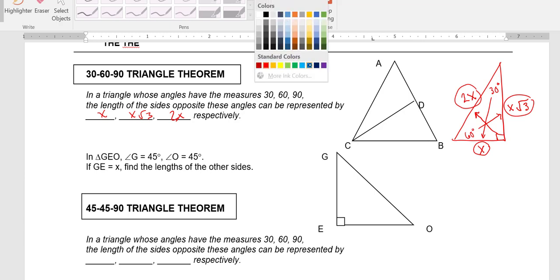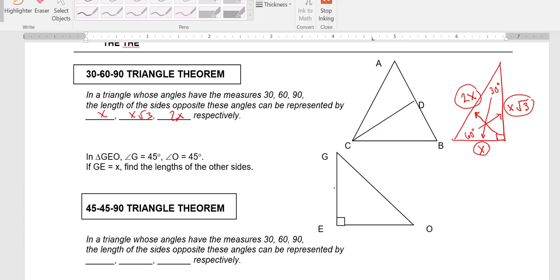For a 45, 45, 90 triangle, that means it's an isosceles right triangle. Both of these sides will be called x. Obviously, they're going to be the same. I could basically do x squared plus x squared equals y squared and solve for y.